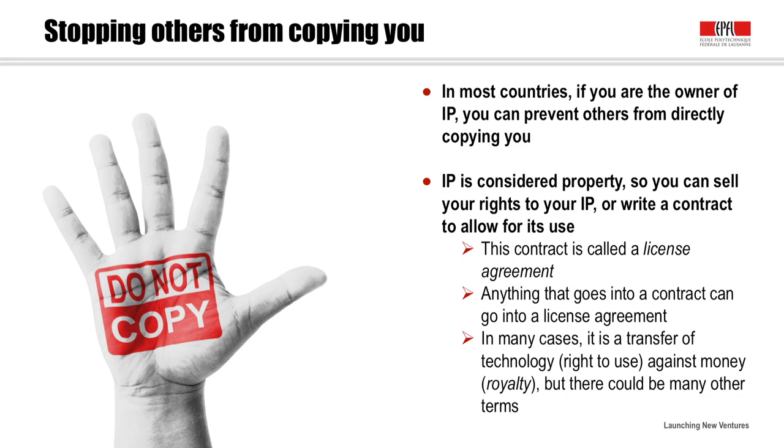So there's lots of complications here. Just think of it as a license agreement, as any kind of contract that allows someone to use your intellectual property. And if they don't have it, then you can stop them from copying you.